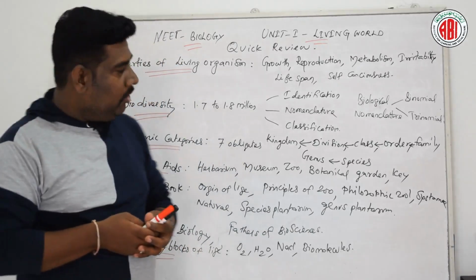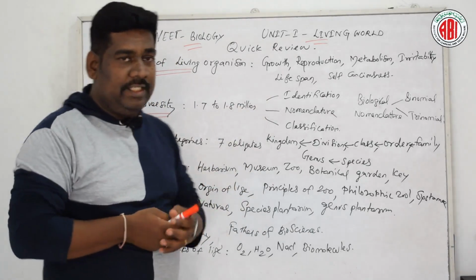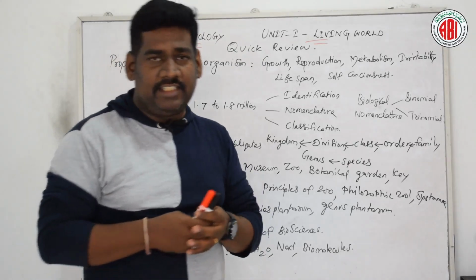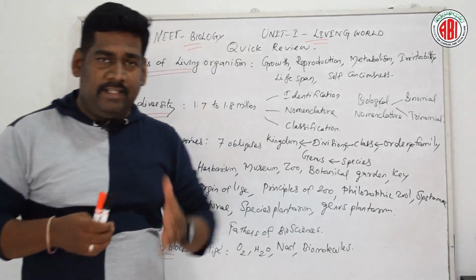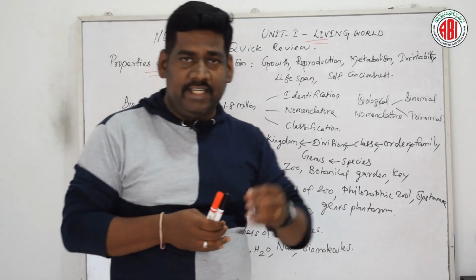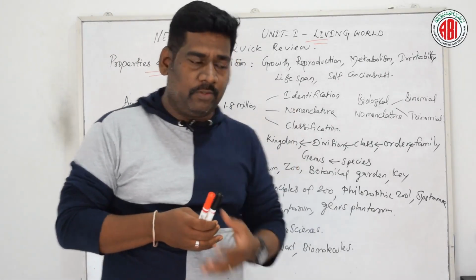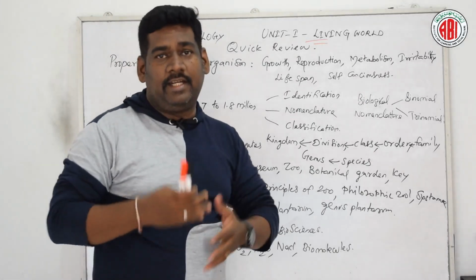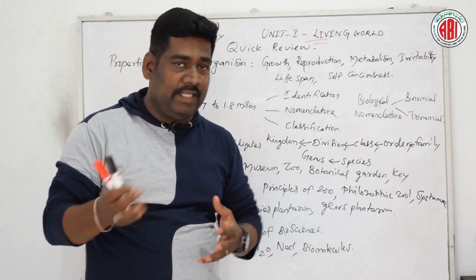Growth includes an increase in number or mass of a living organism, and this may be further divided into two major categories: intrinsic growth and extrinsic growth. Based on that, the organism shows growth and development.